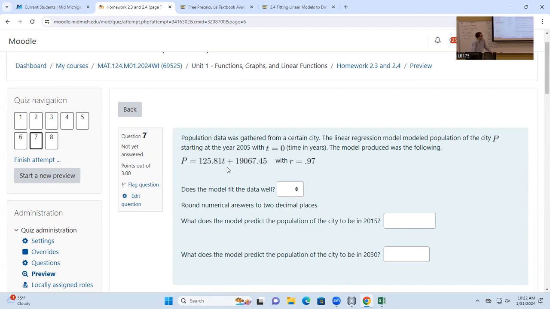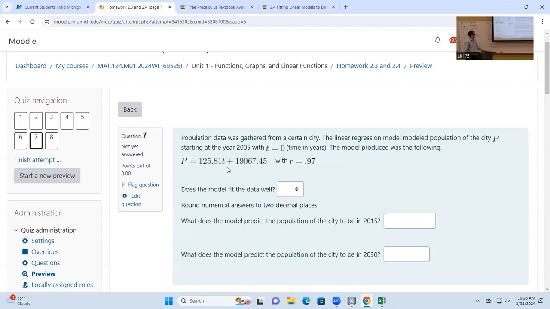We say, here's the model that technology gave us: P equals 125.81 times T plus 19,067.45 with an R of 0.97, and then you answer questions based off of that, in the same way we just did here. Is it a good fit or a bad fit?